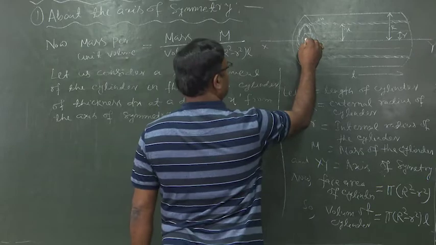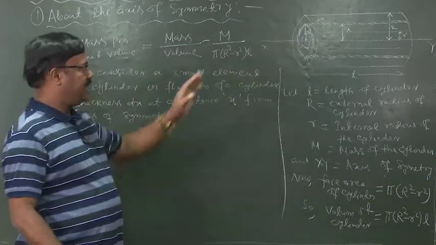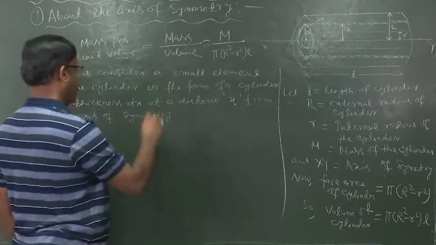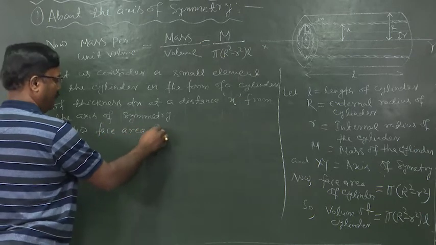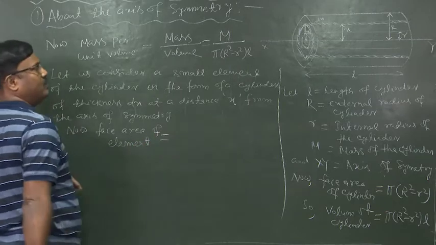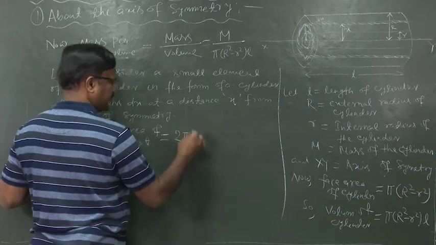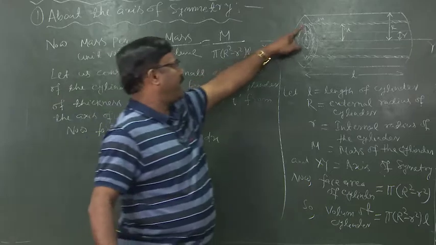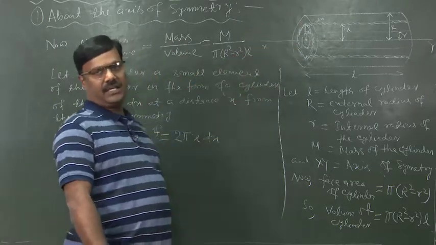Now, the face area of the element will be how much? Because x is the radius of the circular element, the face area of the element is equal to 2 pi x dx, because 2 pi x is the circumference of the element and dx is the thickness.